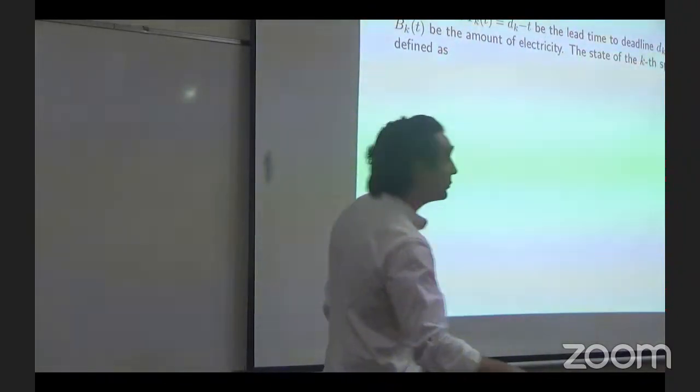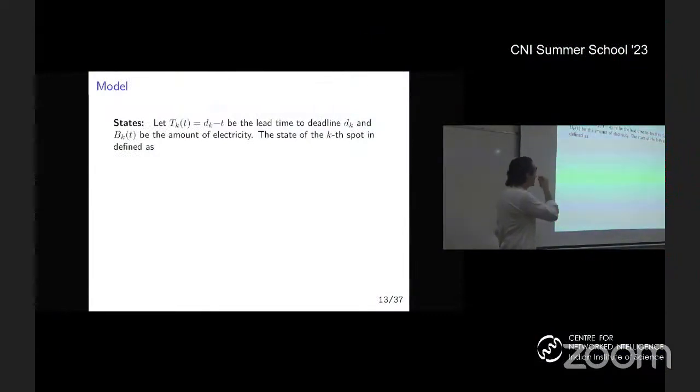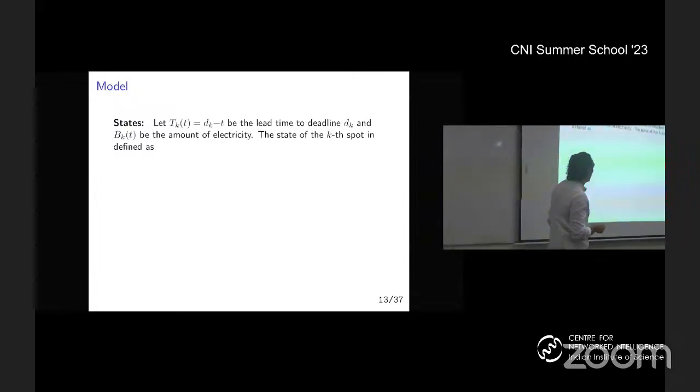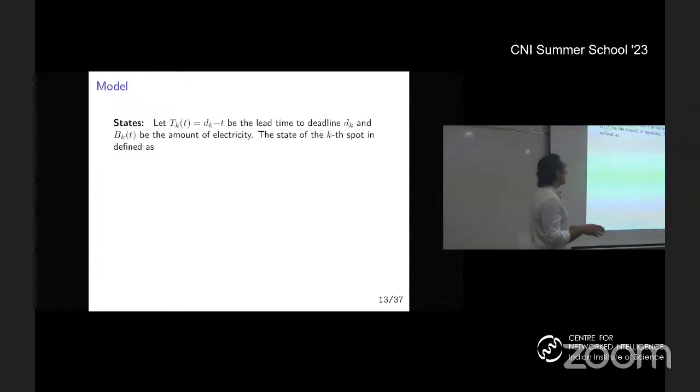So how do we model it as a Markov chain? Let's say that Tk of t is equal to the lead time until the deadline, so it's dk minus t, where dk is the deadline imposed by the car in station k. And bk of t is the amount of electricity required.